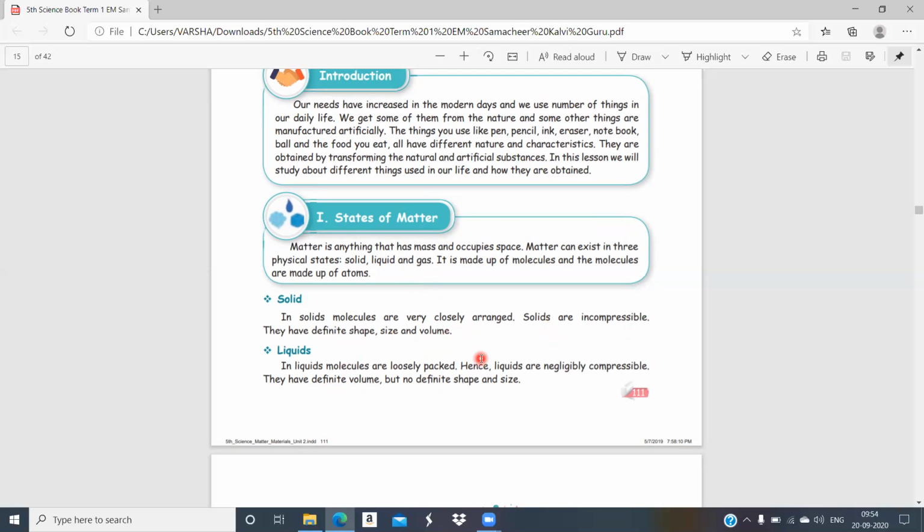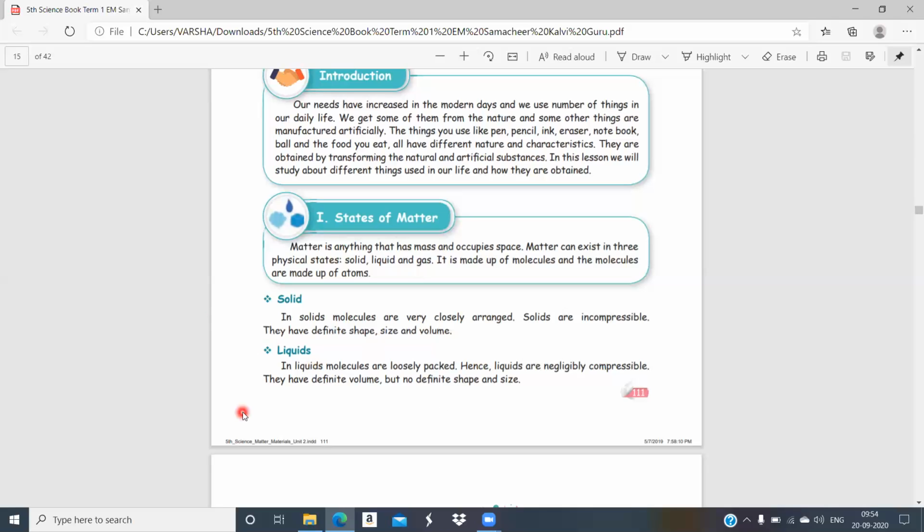The solid is incompressible, and they have a definite shape. Also they have size and volume. For example, a table is an example. It has a shape, it has a size, and it has a weight also.